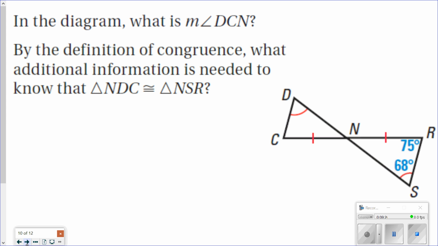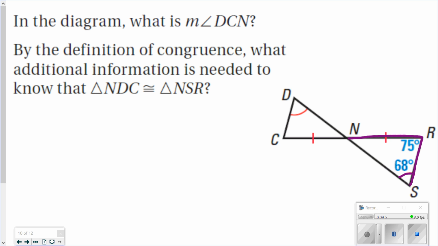In the diagram, what is the measure of angle DCN? By definition of congruence, what additional information is needed to know that triangle NDC is congruent to triangle NSR? All right, so let's look at what we know. We know this angle here, S, is 68 degrees in this triangle.